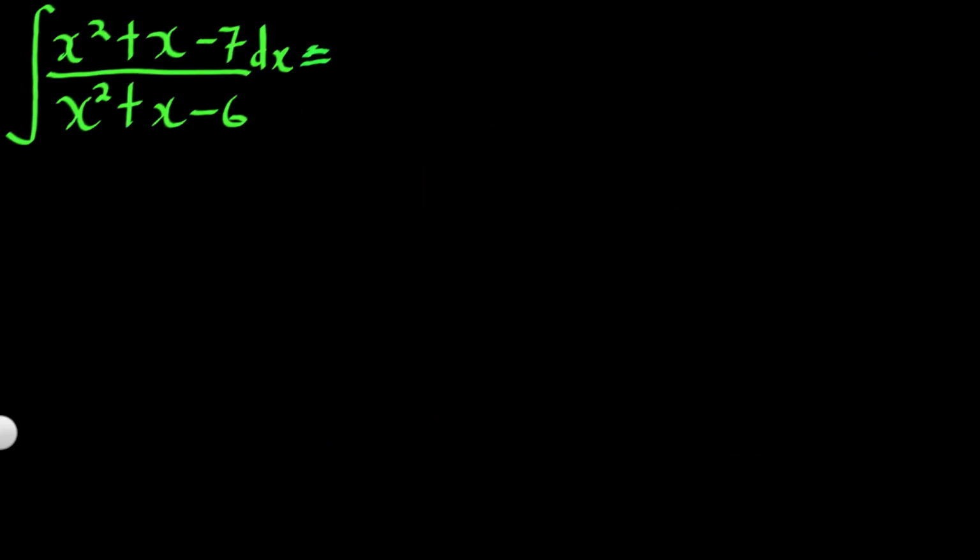So let us come here. We have the integral of x squared plus x minus 7 over x squared plus x minus 6. This essentially means it is the integral of 1 dx. Remember, we already had a 1 when we converted this to a mixed fraction. So we have integral of 1 dx minus, I'm going to put a bracket here.